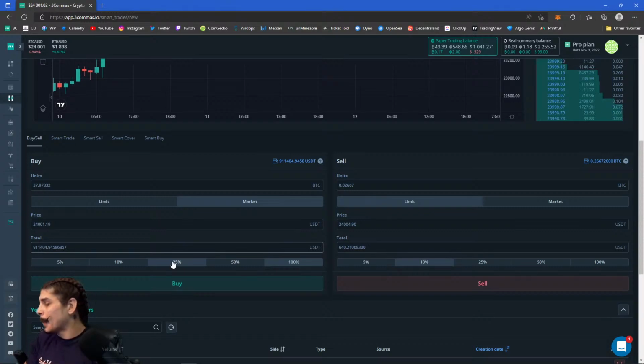So if I had like $20,000 in other deals, it wouldn't say my available balance was 911,000. It would take away that, and it would show me what 100% of that was. So it's really helpful if you want to do this really quickly on the fly. You can see exactly how much of your balance is there and how much of it you're using, and it's even better with leverage. So I think I may actually have to jump into a futures account to show you some of the leverage features on here. So thinking about that now.